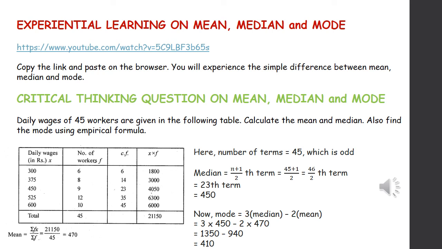Adding all the products gives us 21150 by 45, where 45 is the total number of observations. So the mean is 470. Now we find the mode using the empirical formula: 3 into median minus 2 into mean. So 3 into 450 minus 2 into 470, that gives us 410.